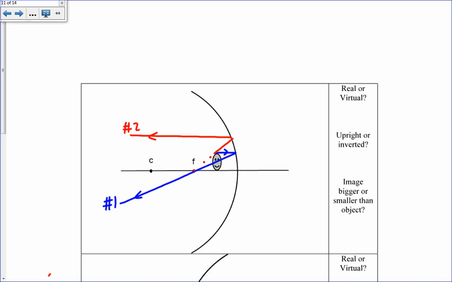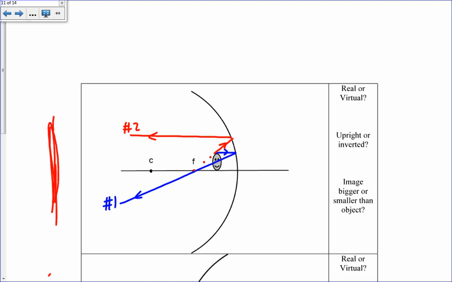Number 1, number 2. Now, number 3 was through the center of curvature. Now, actually, let's go ahead and do this, because I can see now that these rays are diverging. That means they're never going to cross on this side of the mirror.